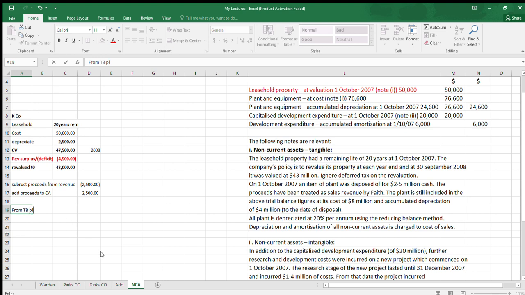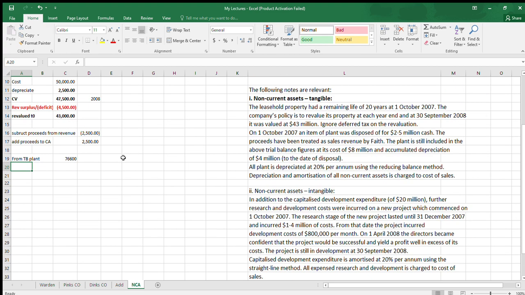Now, from the above trial balance, from TB, plant is equal to 76,600. Okay. And now the question is saying that they disposed of a plant of 2.5 million, but it has still been included in the above trial balance at the cost of 8 million.